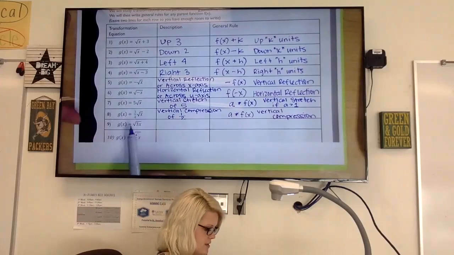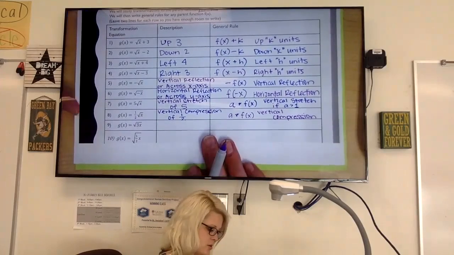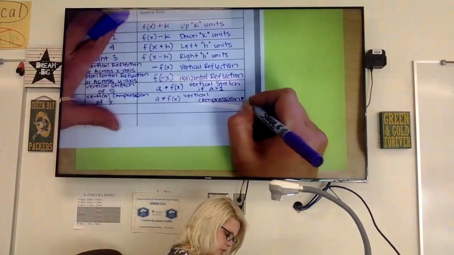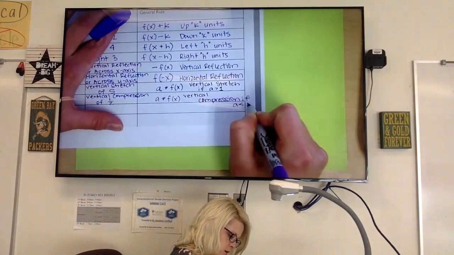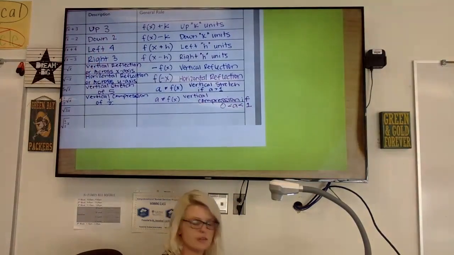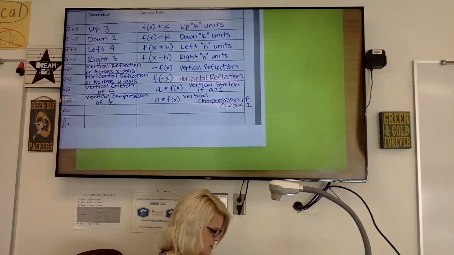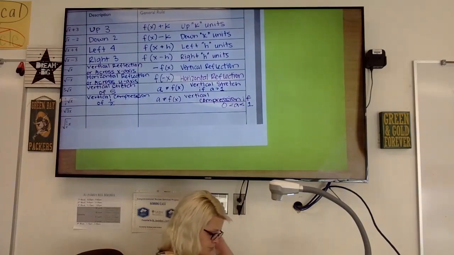So we say, if this number is between 0 and 1, then it's going to represent a compression. In general, you just look and see, is it less than 1? Because when you get to negatives, those are going to be treated separately. You'll see.